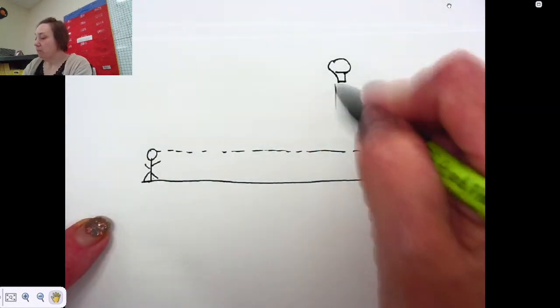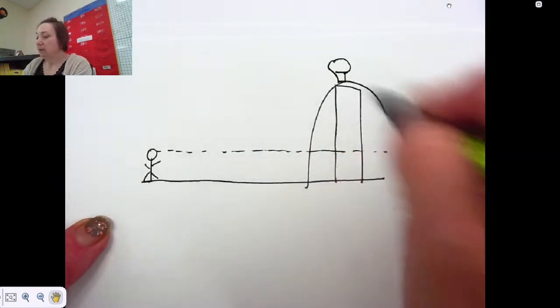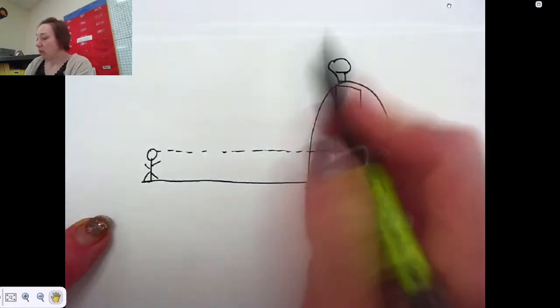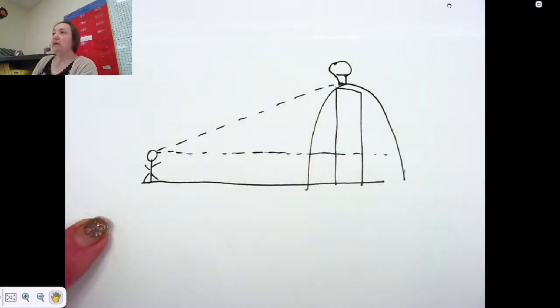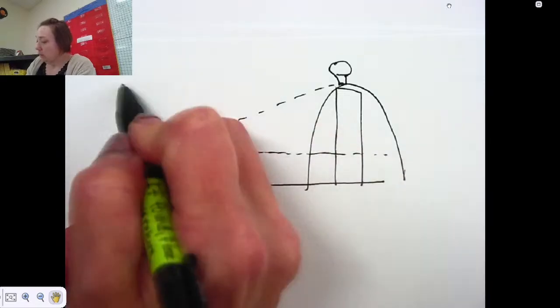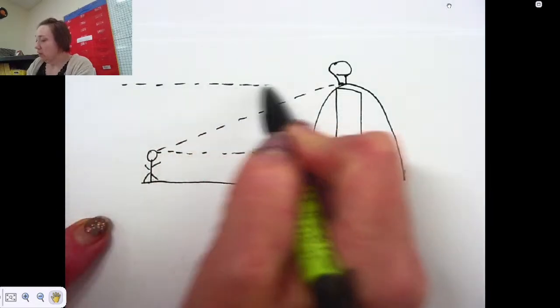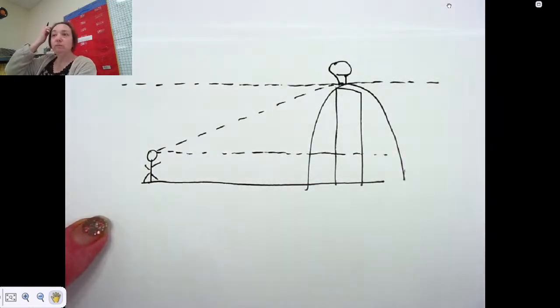Or maybe it's a building or a mountain. But for whatever reason, they're looking up there, and so that's another line of sight, right? Do y'all see? And also, this would be a line of sight going across here, this horizontal line. Y'all with me so far?